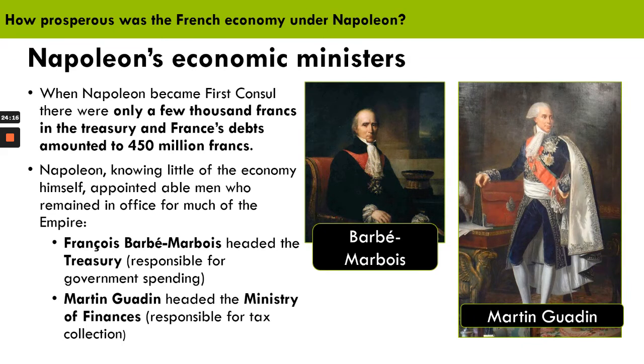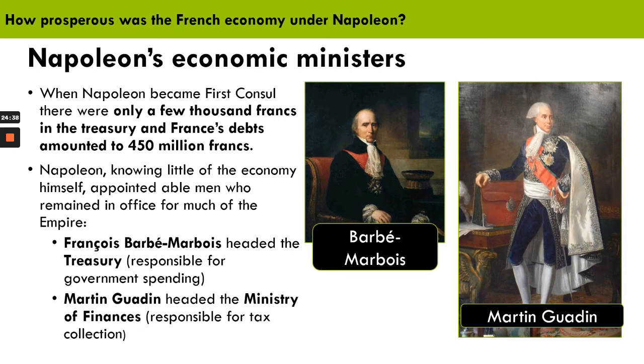So, Napoleon becomes First Consul with only a few thousand francs in the treasury, and they've got 450 million francs worth of debt, so it might be worth writing that down on your sheet. Now, Napoleon recognised that he didn't have the skills to do much about the economy. He didn't take the personal interest in it that he perhaps did with things like the law and the Napoleonic Code.